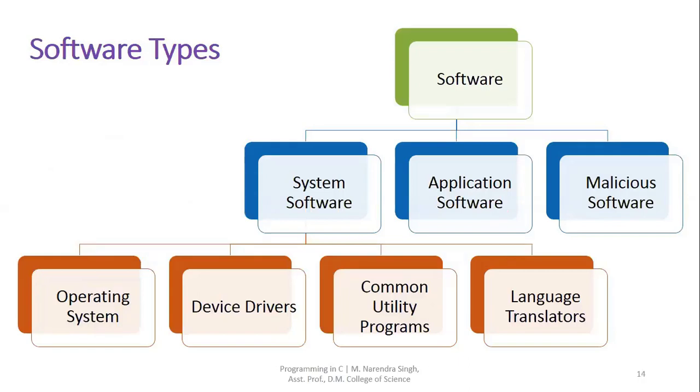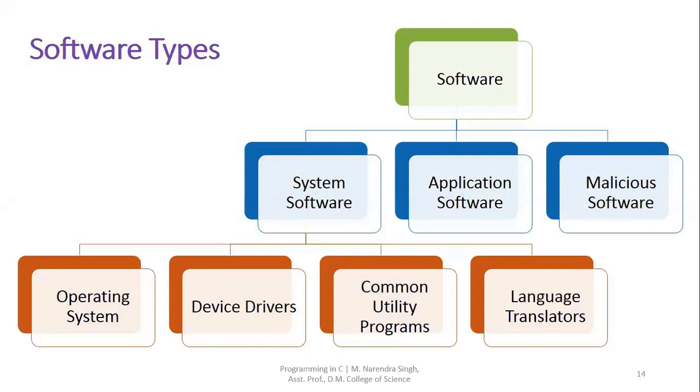Now, let me show what types of software we have. Software we can categorize broadly into 3 groups. The first is system software, which is the most important, the heart and soul of computer software. In system software, there are further categories: operating system, device drivers, common utility programs, and language translators.